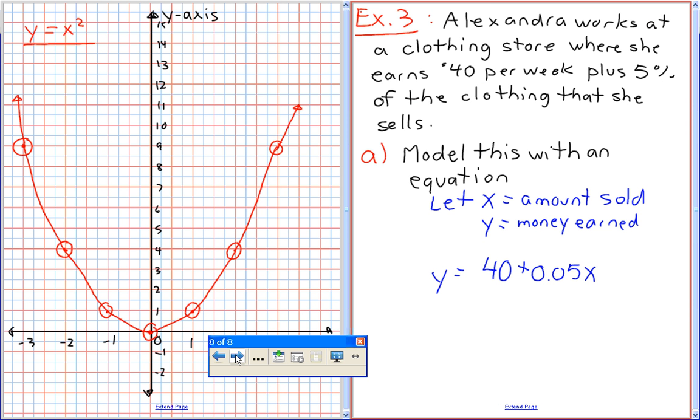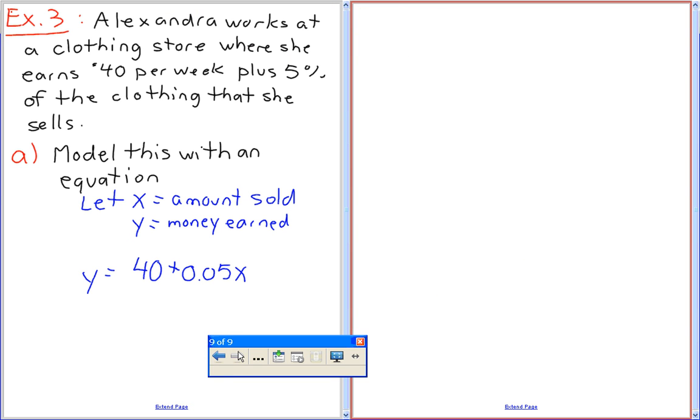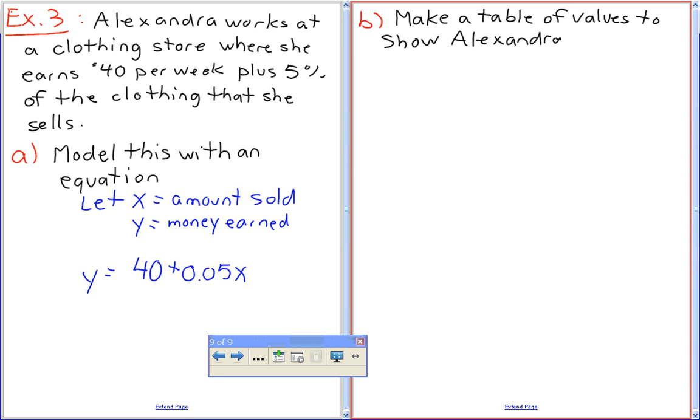Okay, letter B. I want you guys to try this. I'm going to hit pause. Letter B is going to say, make a table of values to show Alexandra's earnings from 0 to $1,000 sold in steps of $200.